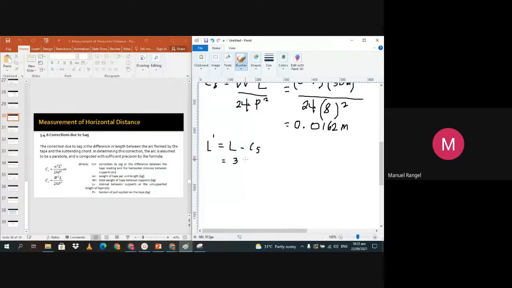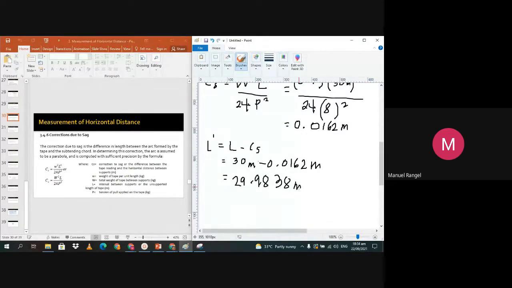So 30 meters minus 0.0162 meters. So the correct distance between the ends of the tape is equal to 29.9838 meters. So that is the correct distance.